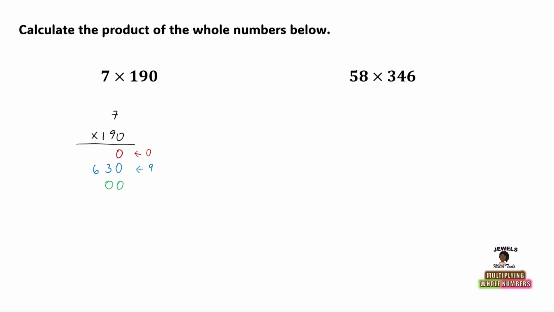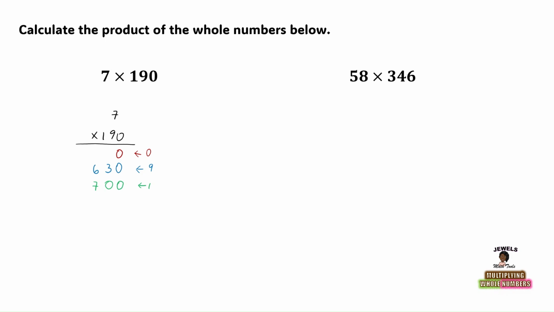So 7 times 1 will equal 7. And this would be our product for multiplying by our 1. So you can see that we have a line for where we multiply by 0, a line for where we multiply by 9, and then a line for when we multiply by our 1.